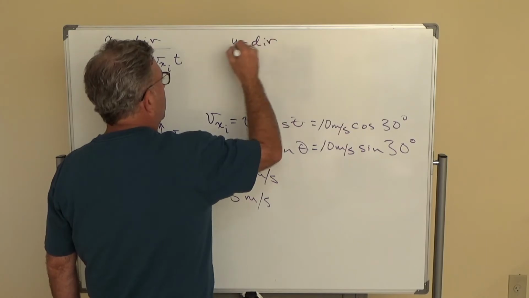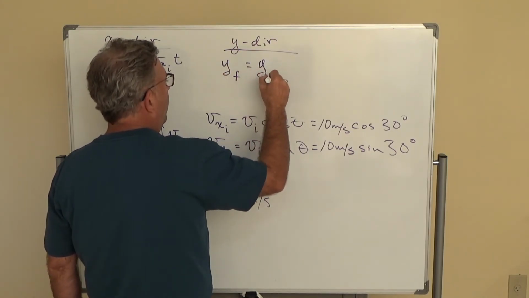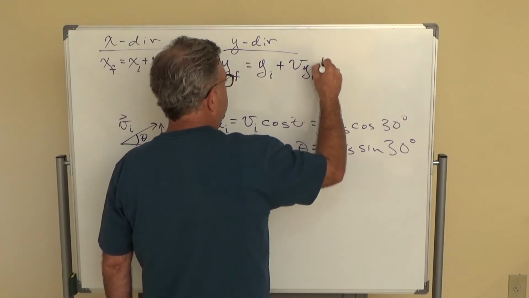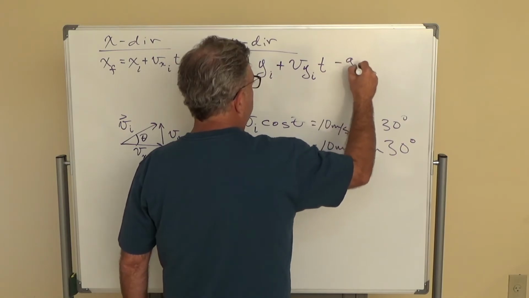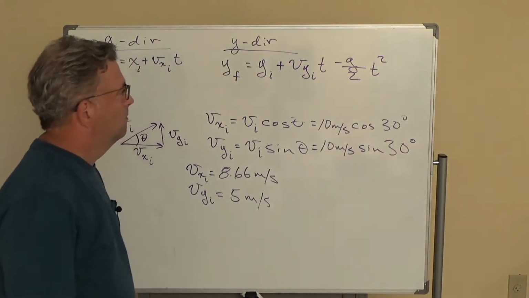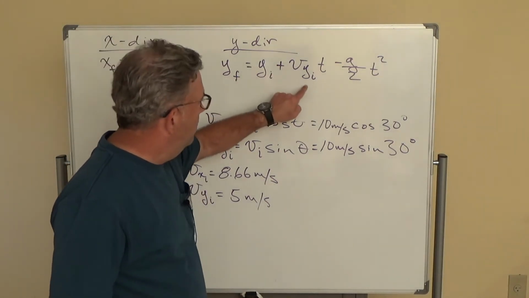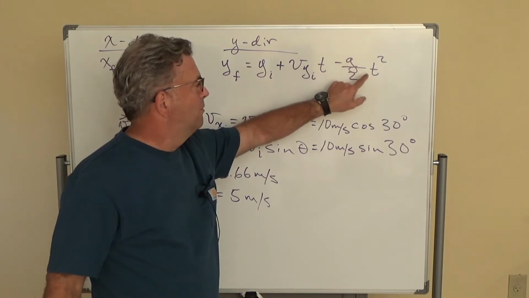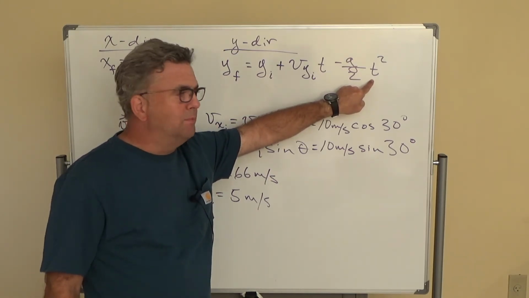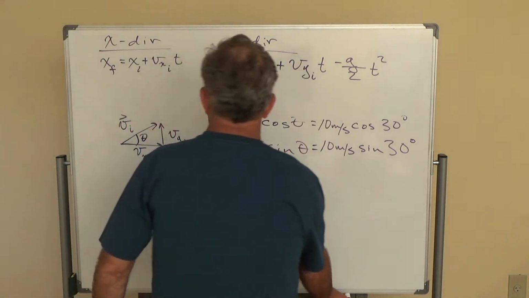So for the y direction, I'm going to use y final is equal to y initial plus Vy initial t minus g over 2 t squared. I know this, I know that for sure. I can figure out the time that it takes for the object to make that trajectory.